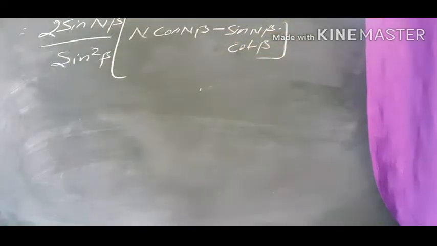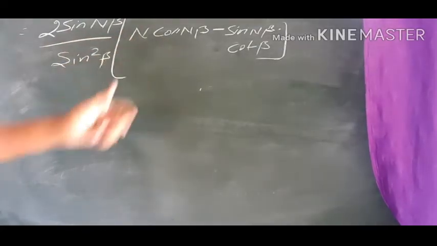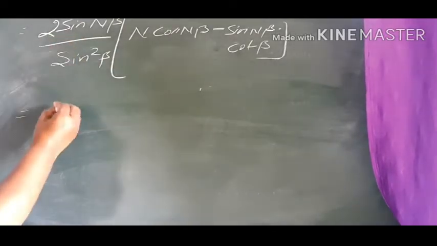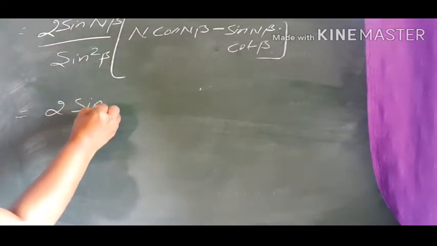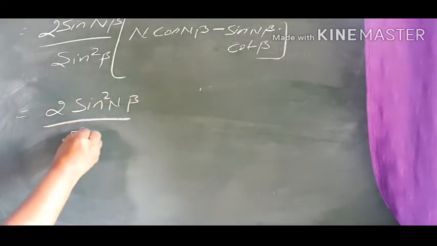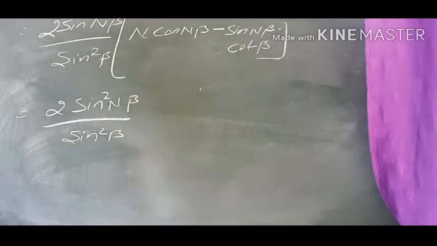Okay, again multiply and divide by sine n beta. By multiplying this by sine n beta, we have sine square n beta divided by sine square beta.